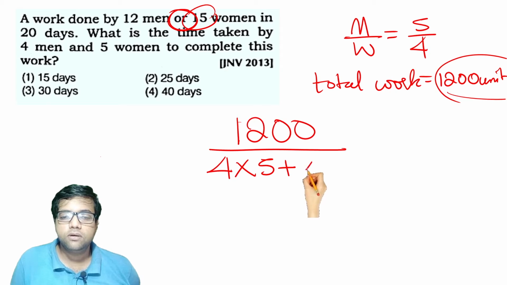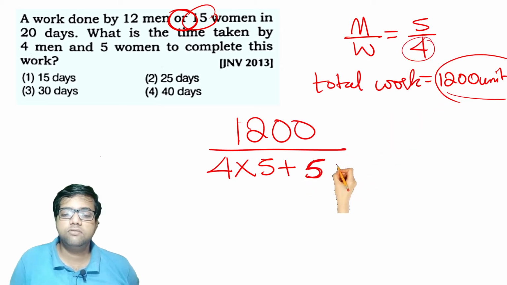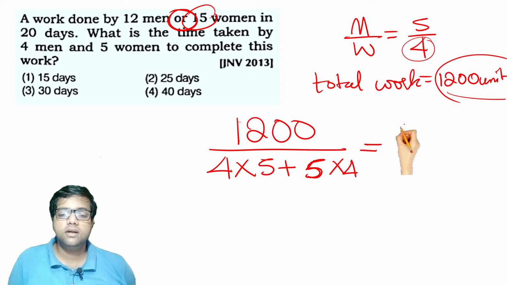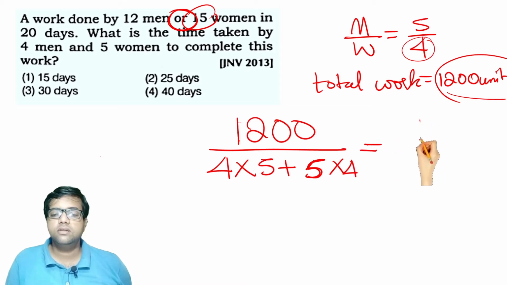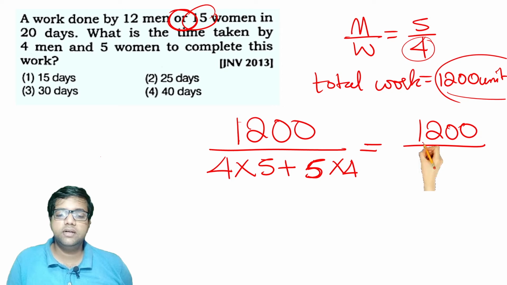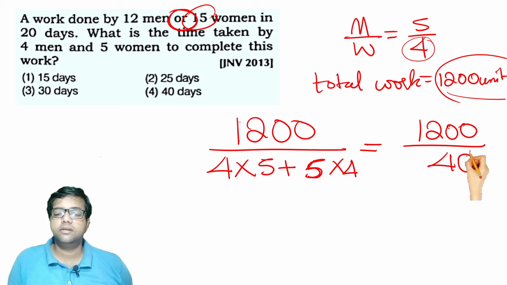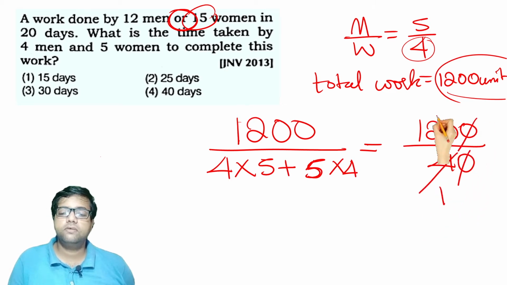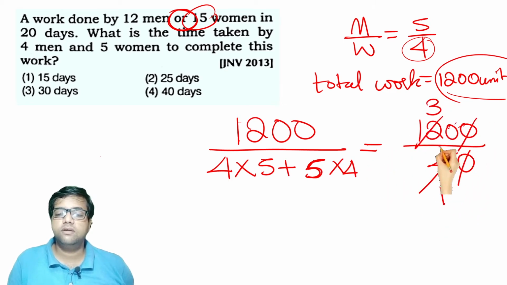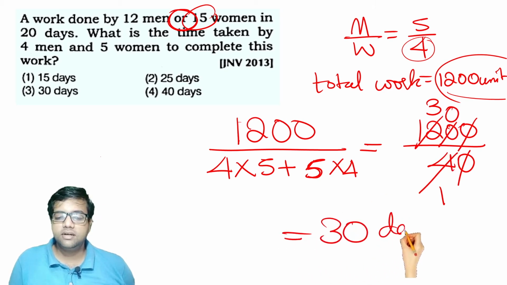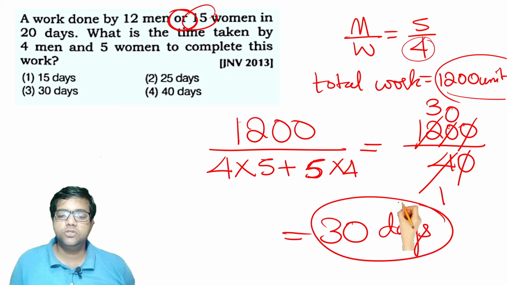Plus 5 women are working, and what is the capacity of women? 4, right? So do this math: 1200 divided by, 4 5s is 20, 5 4s is 20, 20 plus 20 will give you 40 here. 10 goes away, 4 1s are 4, 4 3s are 12, 4 zeros are 0. So therefore they will take 30 days to complete the job.